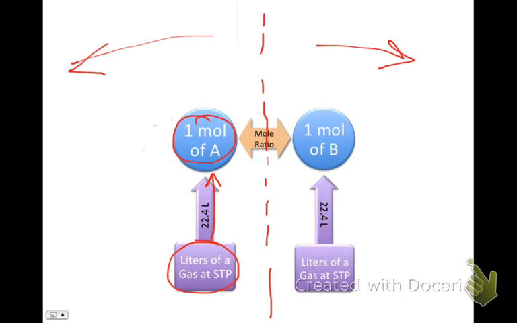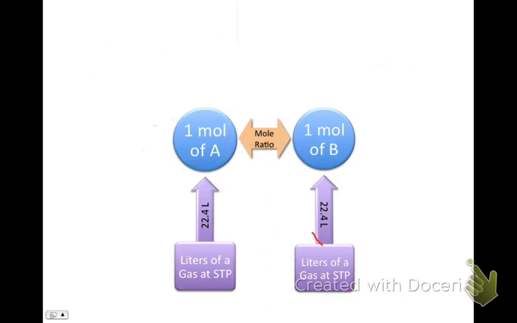Then, if I want to go over to the different compound, I would use 22.4 liters in order to show how many liters of that gas I would have. So I'd use the conversion factors. And as another note, these can actually be double arrows. I don't know why I didn't make them double arrows. I guess it kind of looked pretty as it was. But these can also be double arrows too.